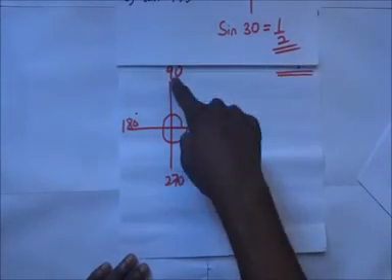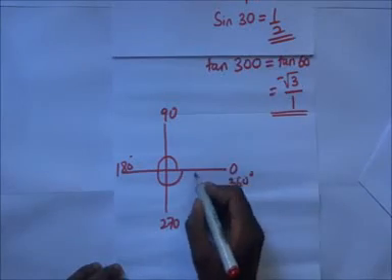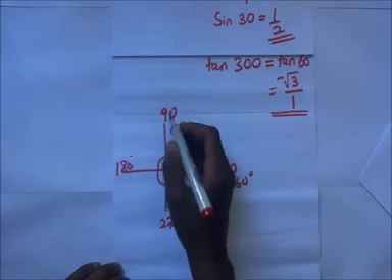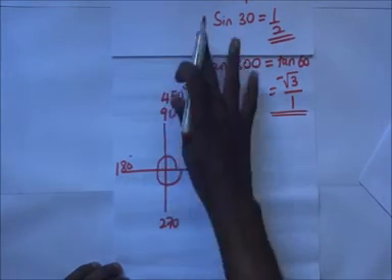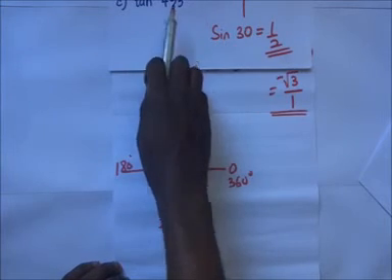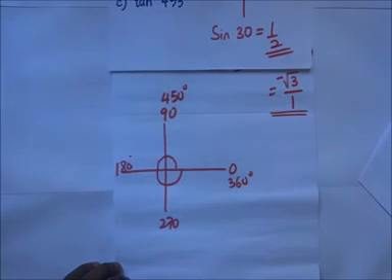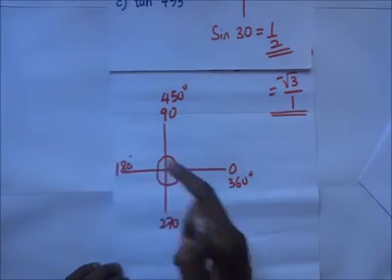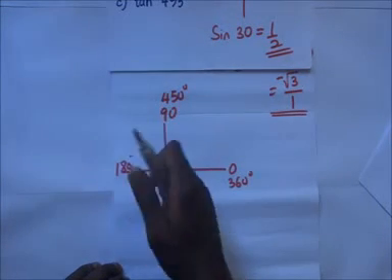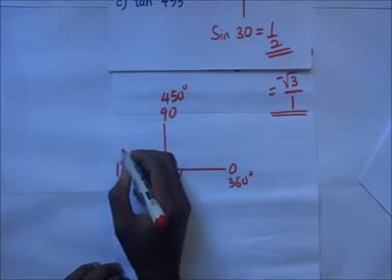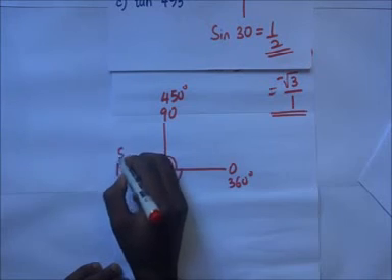So 360 plus 90 degrees, we end up with 450. We've not yet reached it, so we move another 90 degrees, and this is 540.